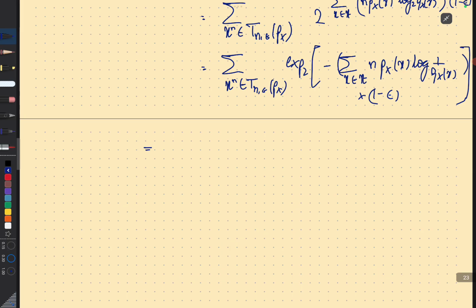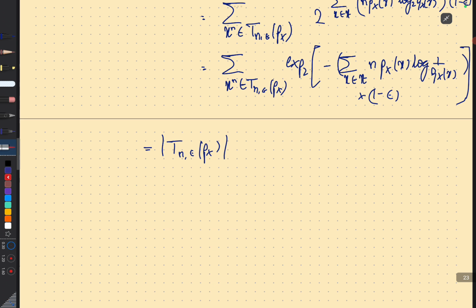So this is equal to the size of T_n^epsilon of p_X, because this whole quantity over here is no longer dependent on the sequence x^n. I can basically take it outside the summation.